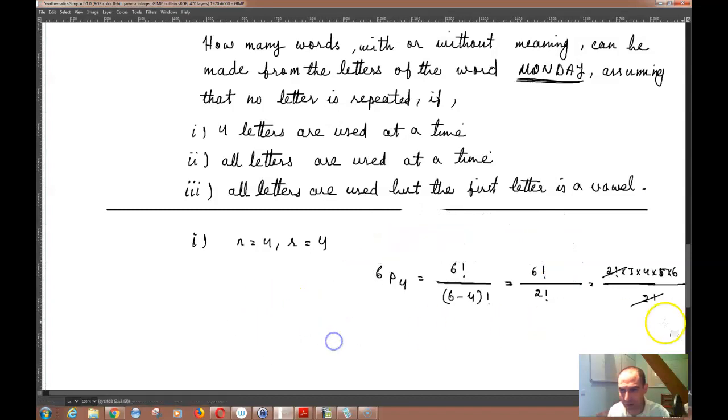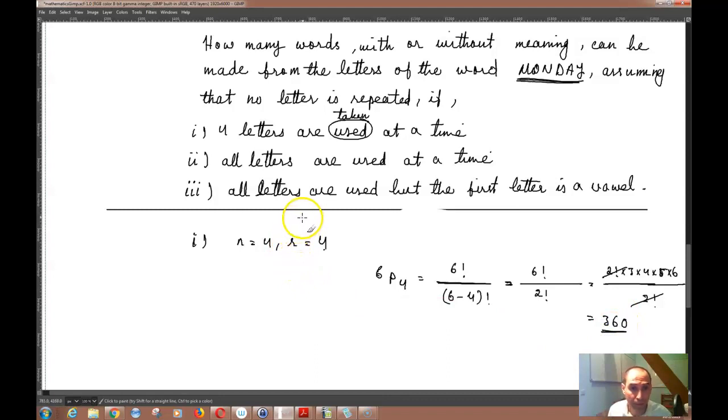So what they mean by this is that when they say 4 letters are used at a time, it means taken 4 at a time, meaning that you're taking the 6 letters, but making 4 letter words out of the 6 letters, and that would be 360.